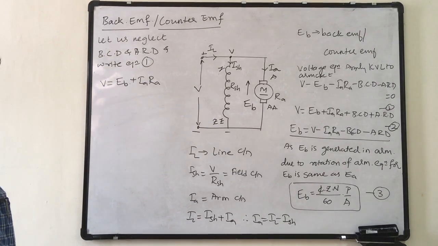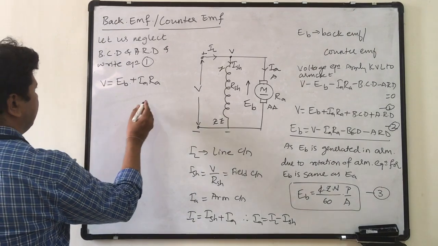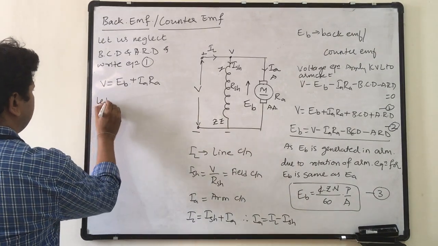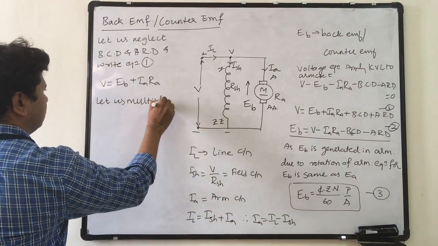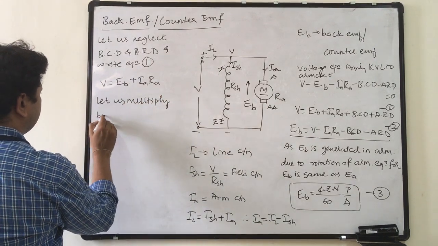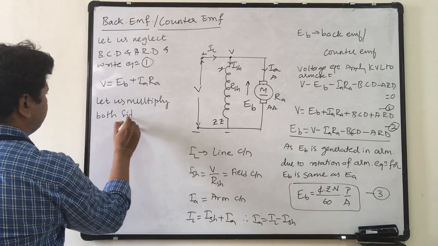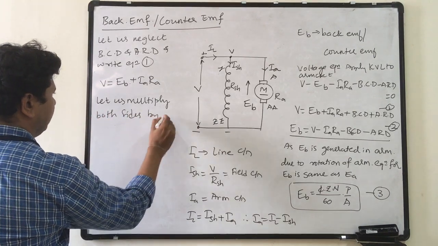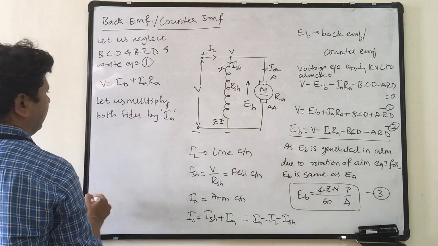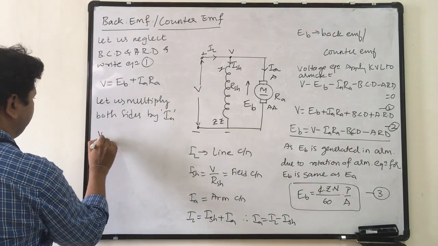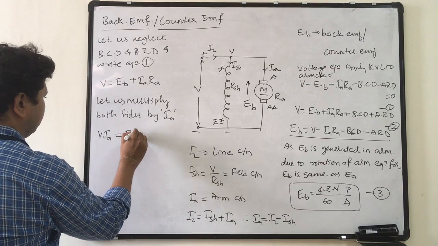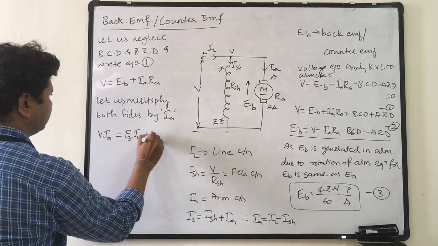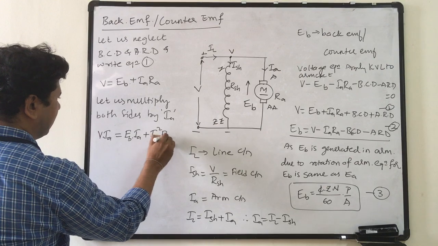Now let us multiply both sides by armature current IA. So what we get is V into IA is equal to EB into IA plus IA square RA.